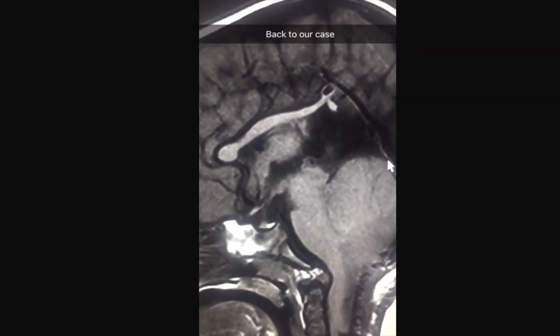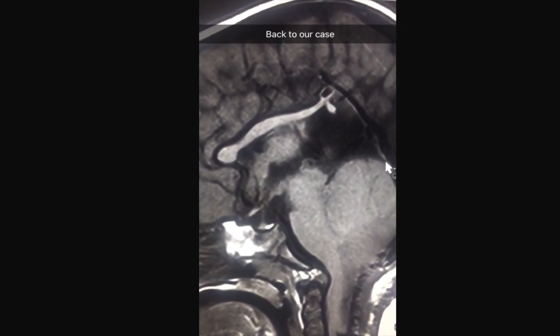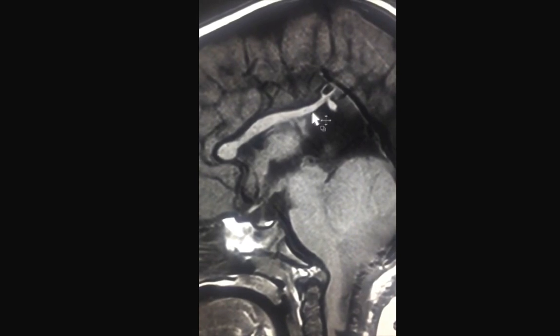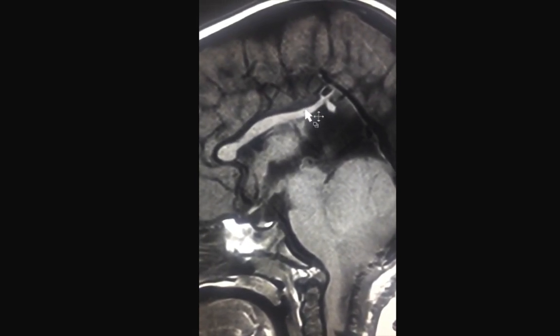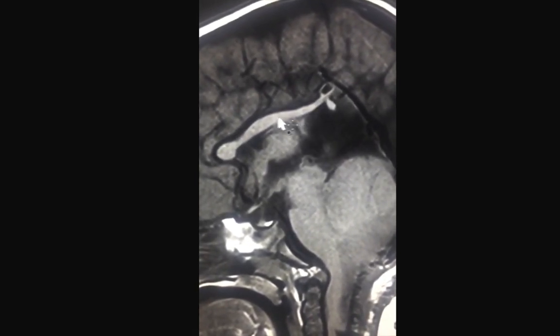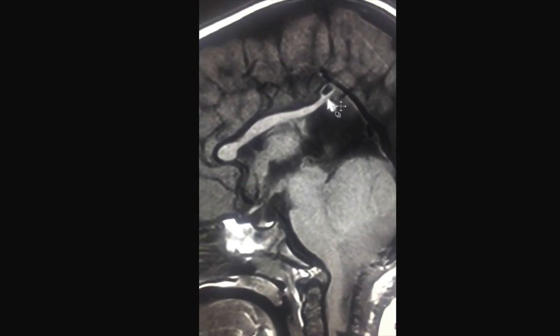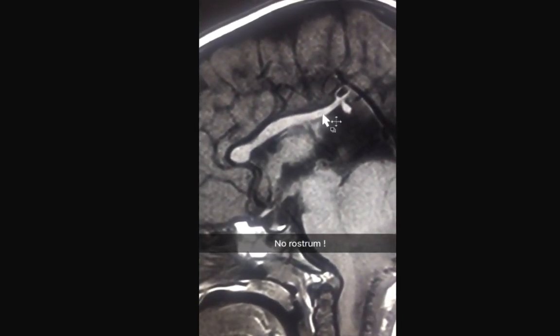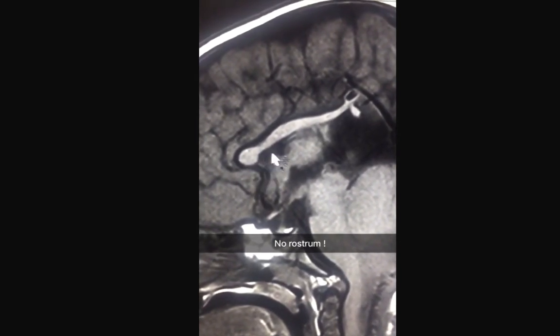Now let's go back to our abnormal case. You probably have figured out that there is partial agenesis of the corpus callosum. The splenium is absent and the posterior part is thin. Of interest, although the genu and part of the body have developed well, the rostrum is absent as expected.